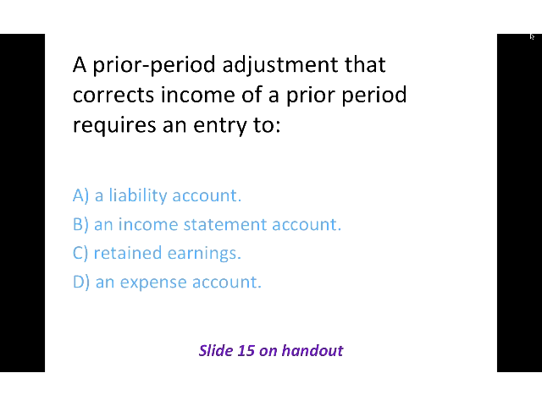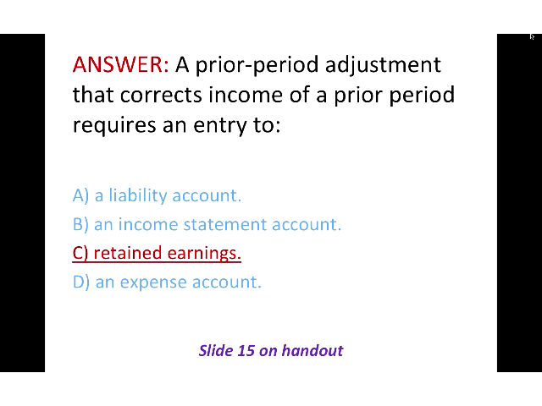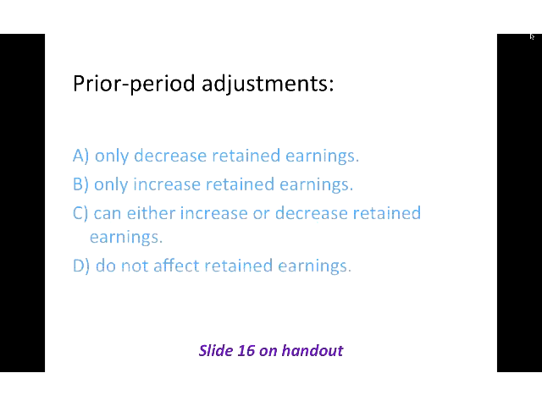What do you think? C, retained earnings. Yes, you are right. So prior period adjustments, you can link that with retained earnings. Okay, so these prior period adjustments, we said they go into retained earnings.